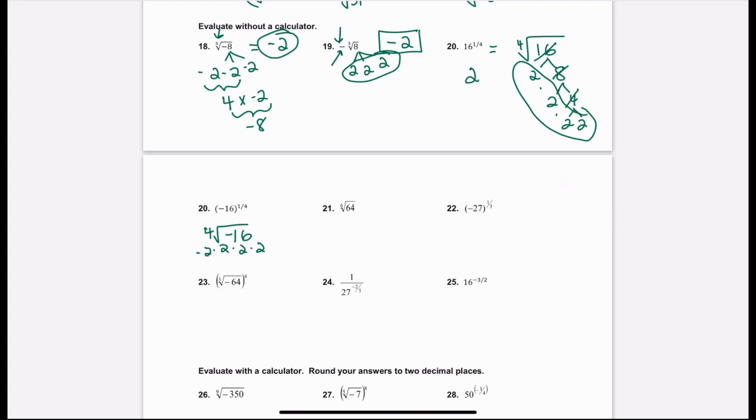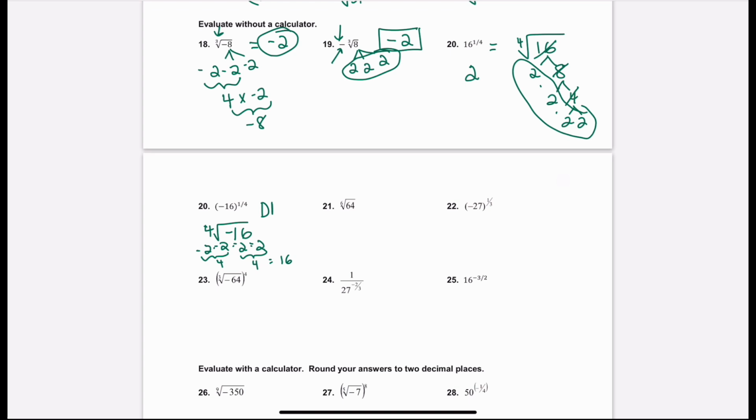Now what happens if I make all of these negative? -2 times -2 is a +4, and -2 times a -2 is a +4, and 4 times 4 is also 16. So there is no number that will multiply together to equal a -16. So I'm just going to write DNE for does not exist. There's no solution. This is undefined.